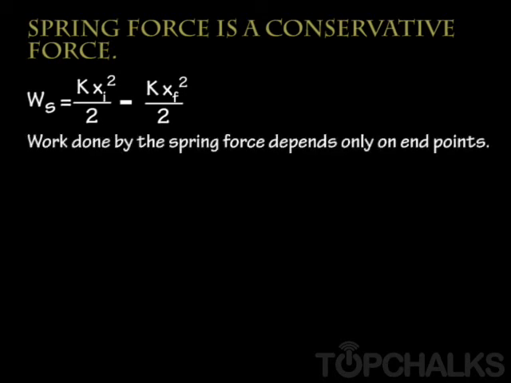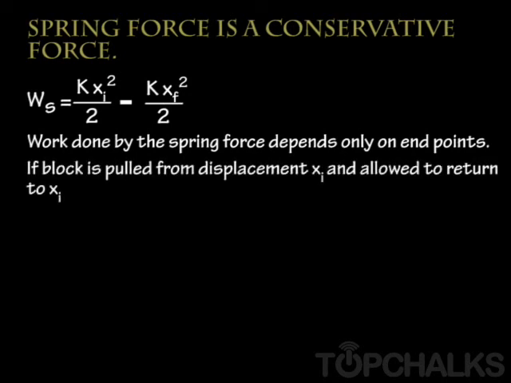And second property, work done in a round trip is 0. That can be proved here. If the block is pulled from displacement xi and returns to the same displacement, then what is the work done? Work done by the spring force, again F dx, limits of integration xi to xi in a round trip.